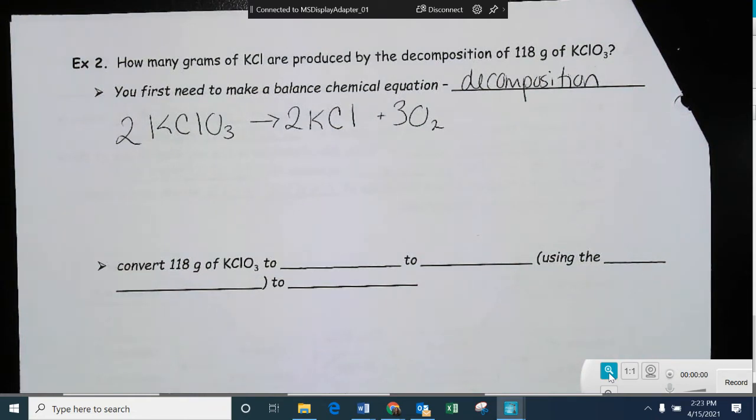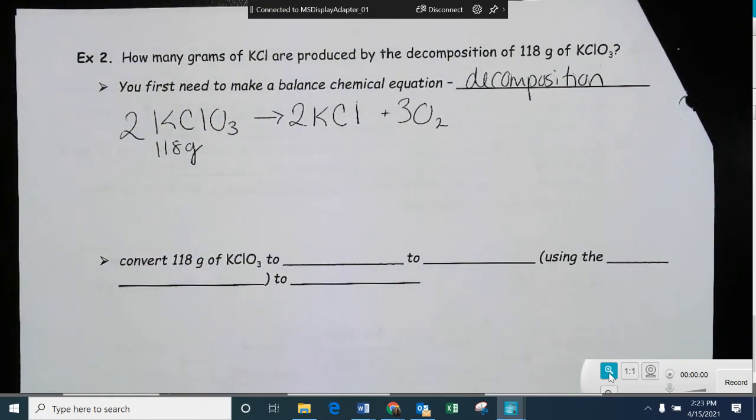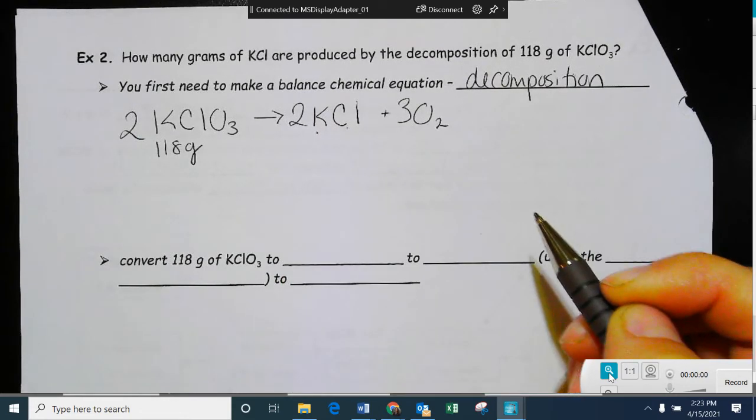Okay, so what do we have? Yep, mass. So we've got 118 grams of potassium chlorate, and we want to know how many grams of potassium chloride will be produced.